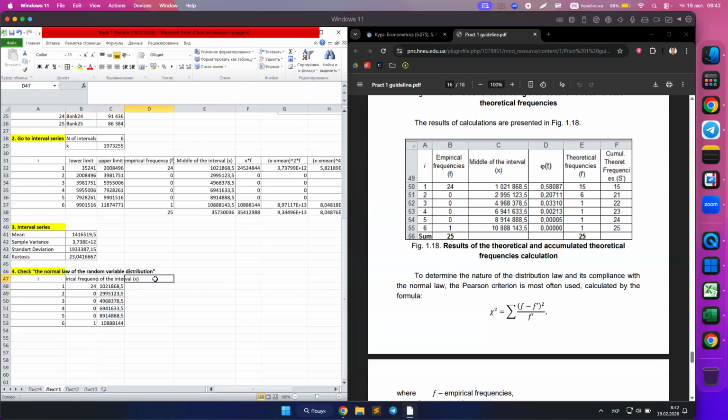The next column is phi from t. Now I am adding new columns, and after that I will show you formulas for each column. So it's our phi from t.